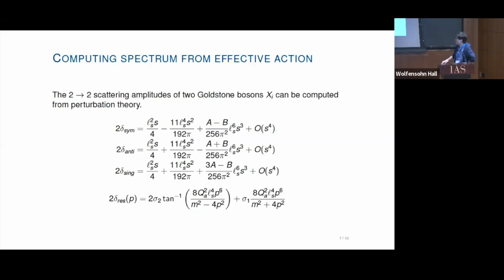So there's a systematic way of going from the effective action to the final volume spectrum, which is called the thermodynamic Bethe ansatz. We start from the effective action and compute in perturbation theory the scattering amplitude of the two Goldstone bosons. And here are the results at low energy, and well, with the resonance, we need this extra part.